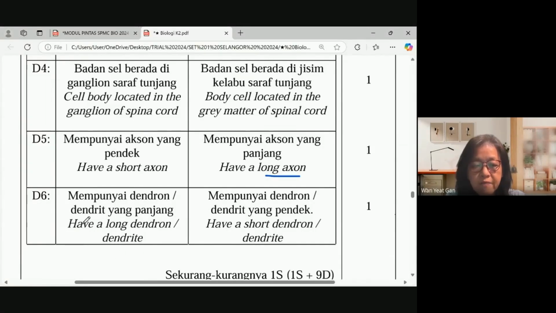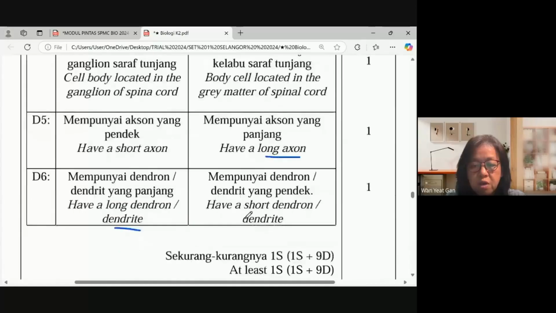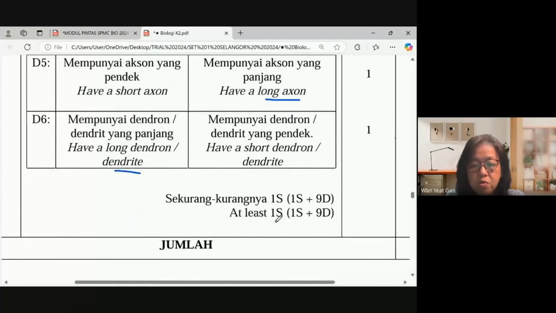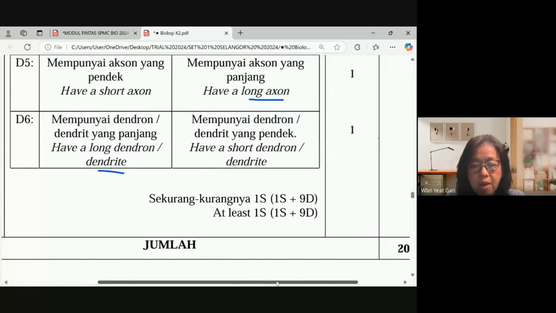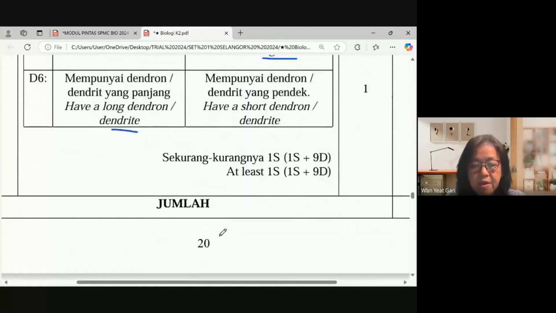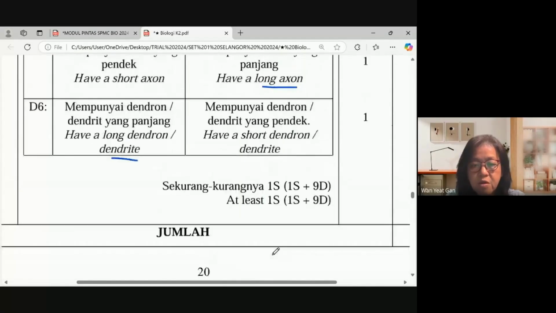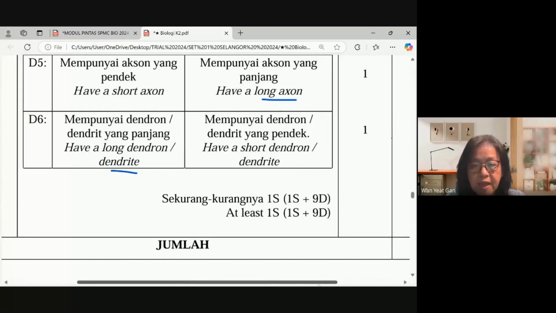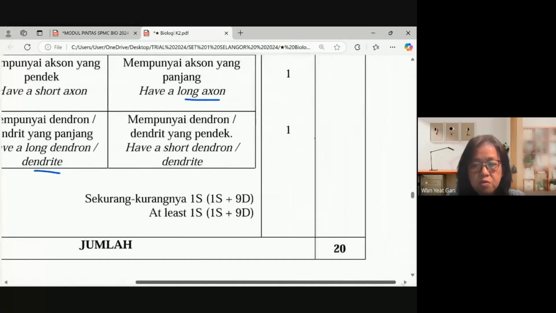Sensory neuron has a long dendron or dendrite, while motor neuron has a short dendron. Okay, so you must have at least one similarity, and you can have 9 differences because the total mark is 10.